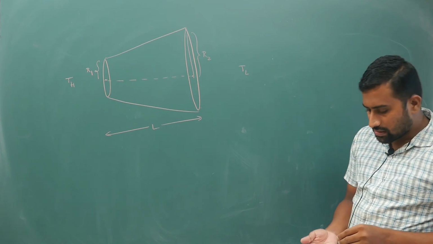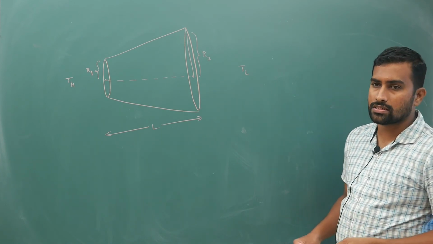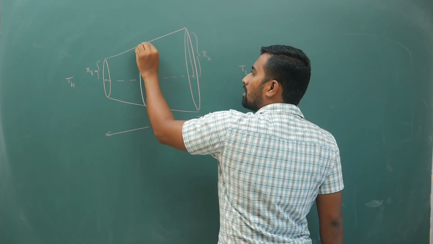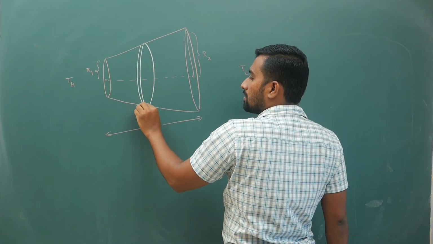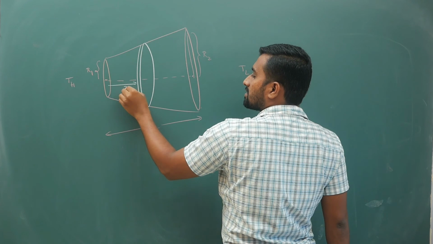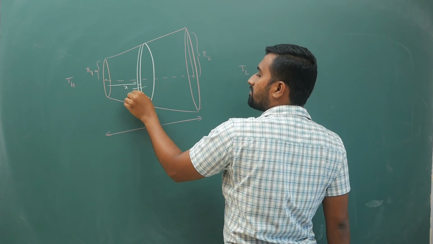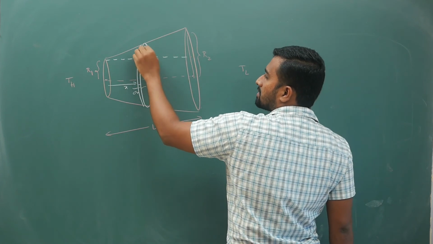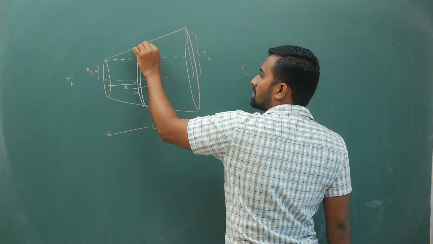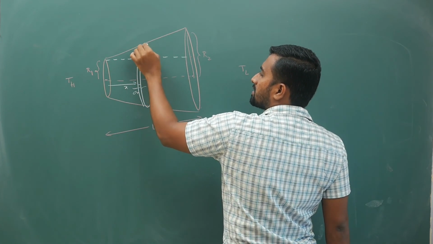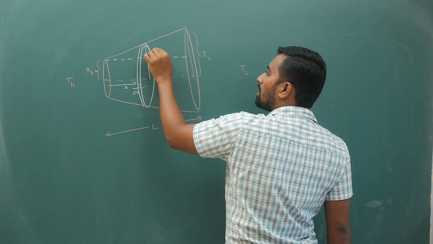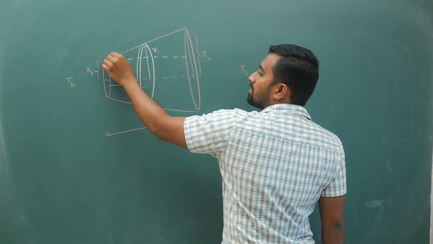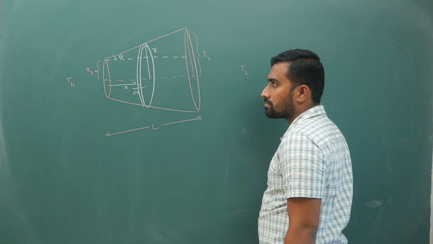Now for this, what you are supposed to do is take a small strip here at some distance x. Its width is dx. If you elongate it like this, this part, if it is x or some smaller, no issues, if you take this angle as theta.